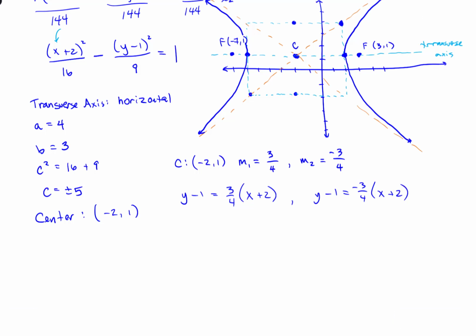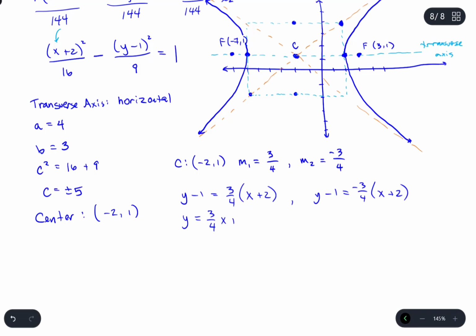And just solve them in terms of y equals. So y equals 3/4 x plus 3/4 times 2. The 2 and the 4 would cancel, so that's really 3/2. And then I would add 1 to both sides, but instead of adding 1, I will add 2/2. So I get y equals 3/4 x plus 5/2.